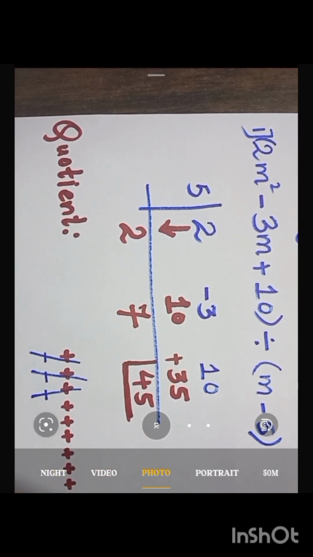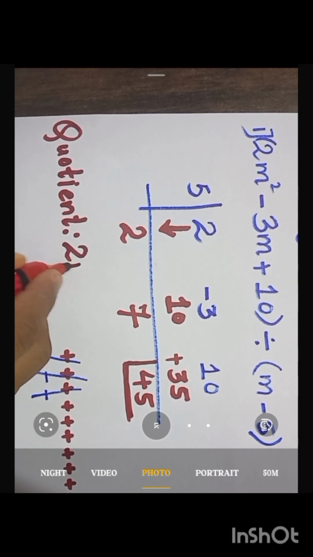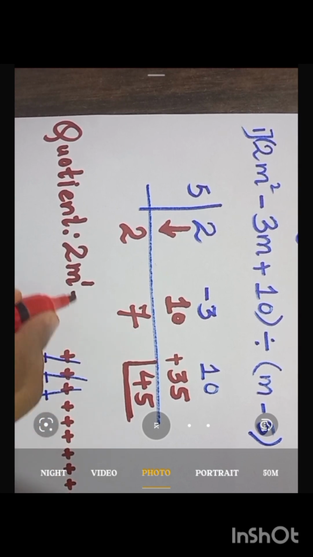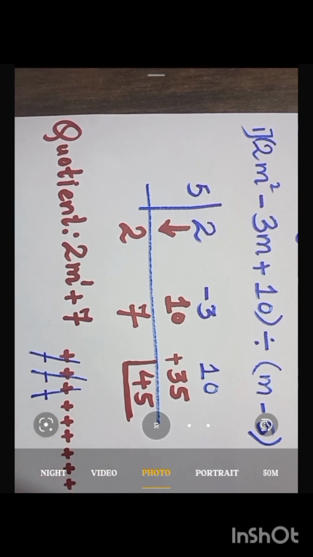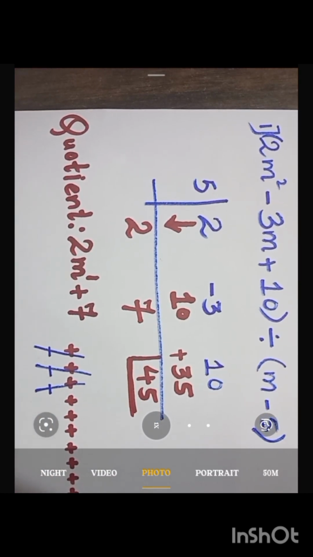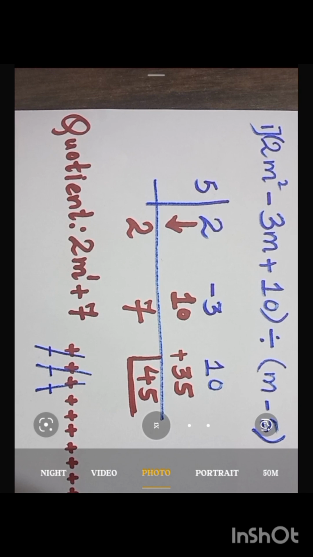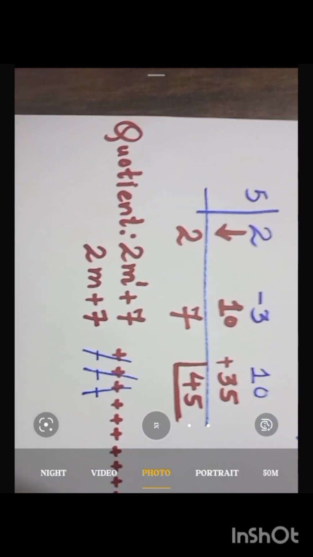As there are two terms, we start with power 1. The coefficient is 2, the variable is m, and the power would be 1 here. Then plus sign, the coefficient is 7, the variable is m, and the power would be 0, and if we don't write m raised to 0, it is understood that the variable has power 0.